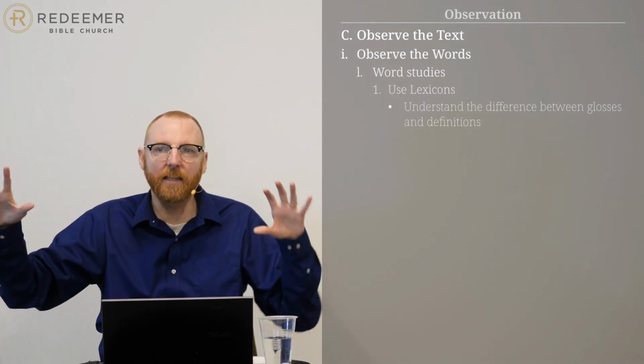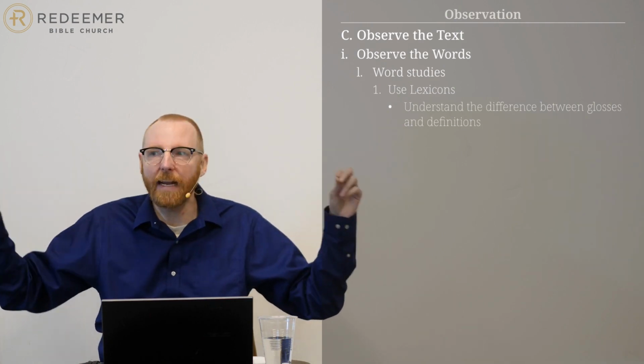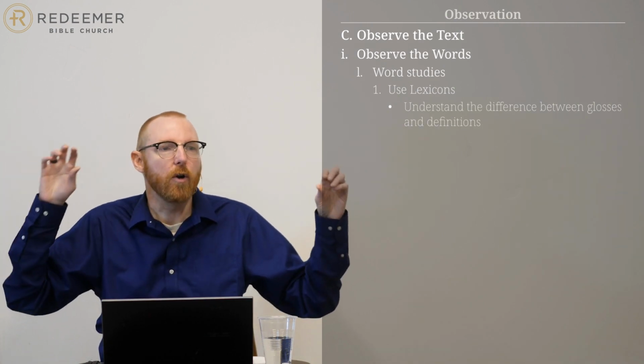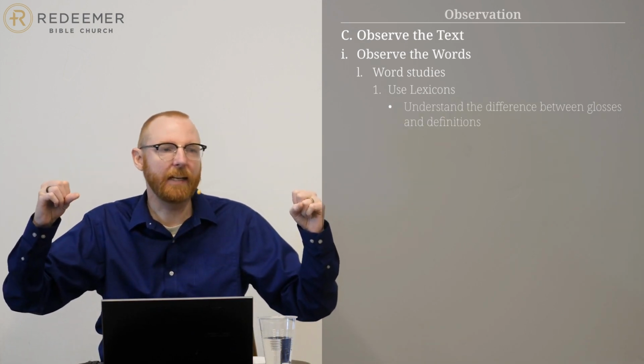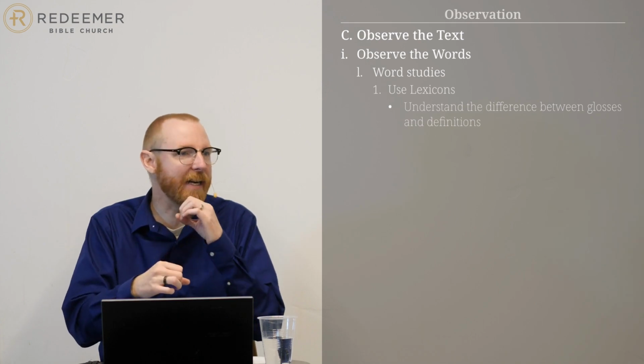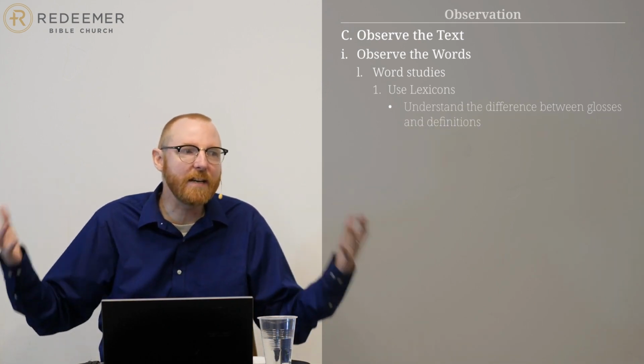As we said before, in any two languages, there's never a perfect correspondence between an English word and a Greek word. There are never two words that are exactly the same, because they're two different languages. They use words in different ways.